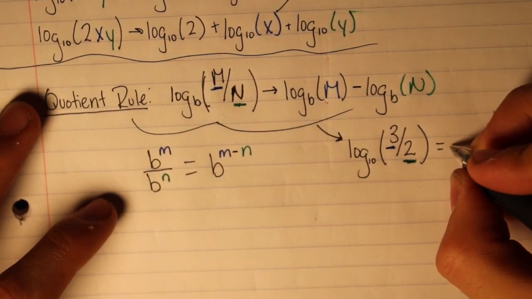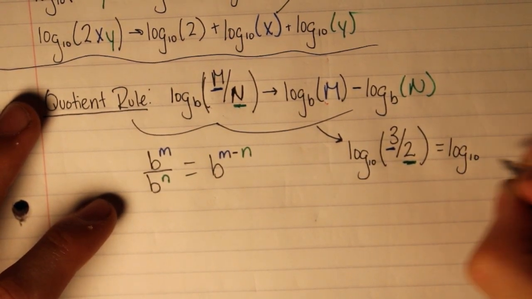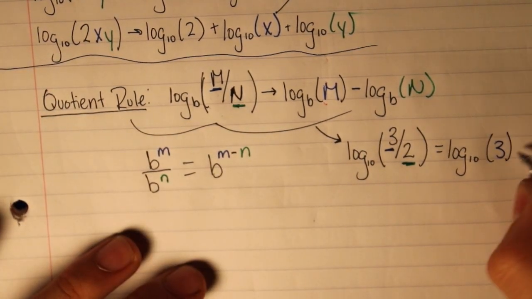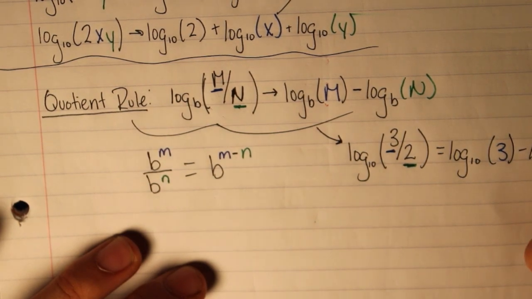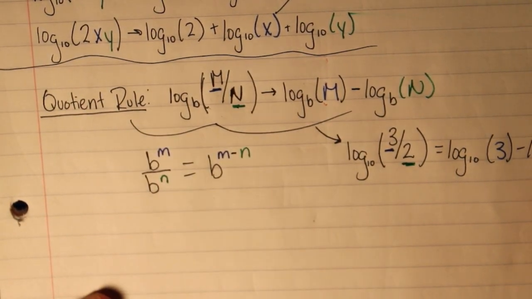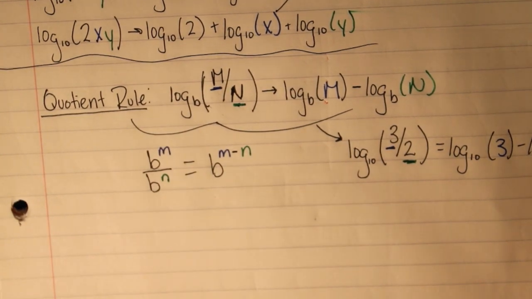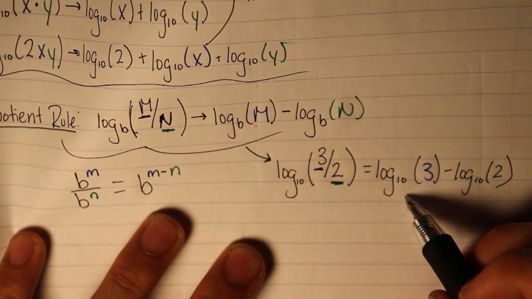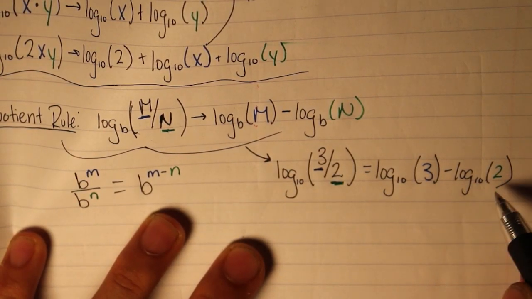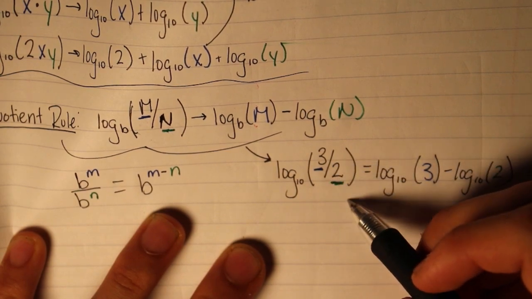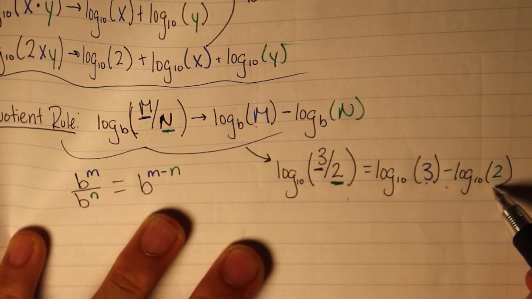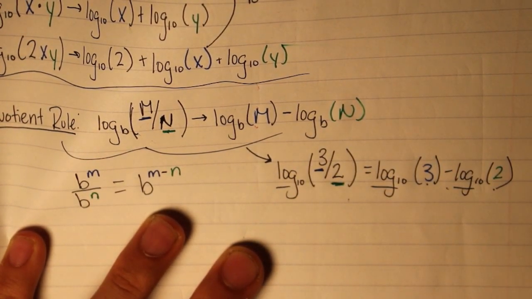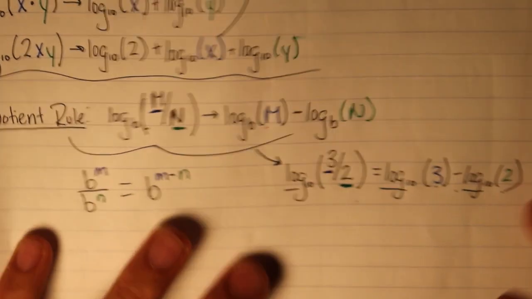All we're doing here is just separating log base 10 of 3 minus log base 10 of 2. All I did was log base 10 of 3 minus log base 10 of 2. We have 3 divided by 2, our numerator subtracted by our denominator. We keep the same base of our log, and that's it. All right? That's all we're doing with the quotient rule.